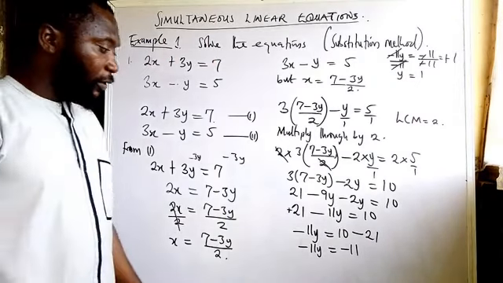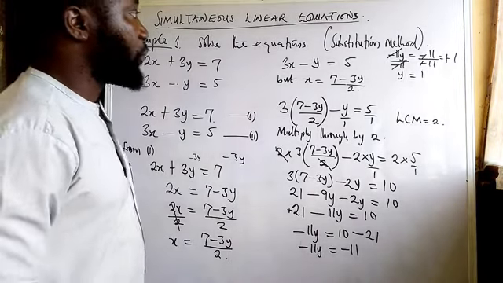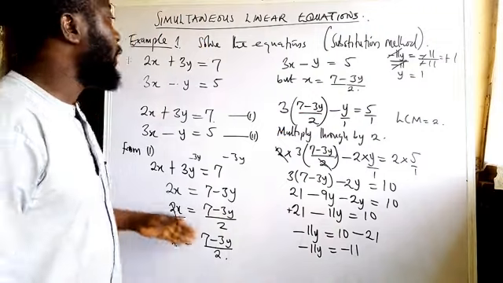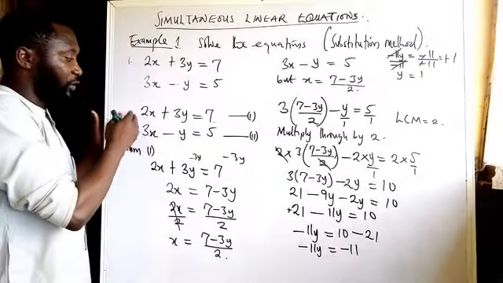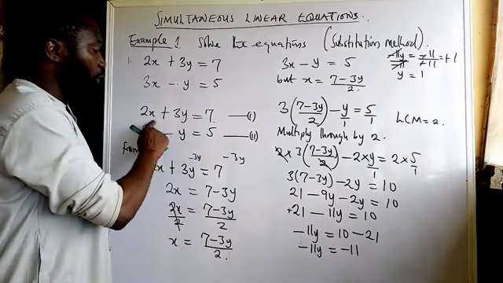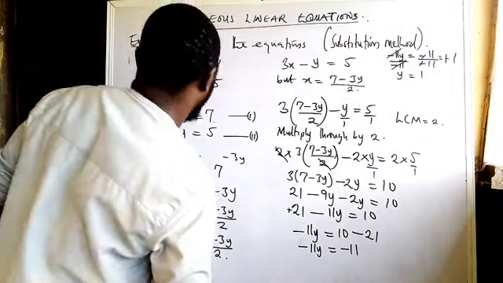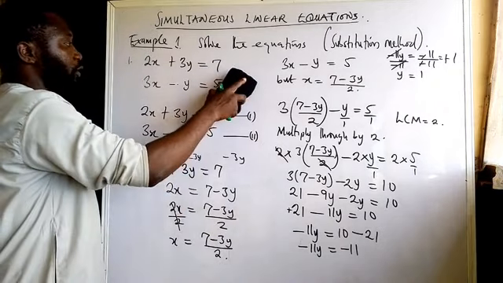Now once you get the value for y, what next? You just put the value of your y in any of the two given equations. You can decide to put it in equation 1 or equation 2. So now I want to use equation 1.